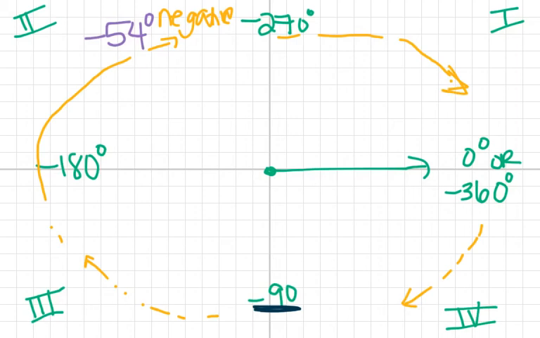In this case, our angle is going to start here and go this way. So our negative 90 shows up here rather than at the top, as it did for the positive direction. Since this is negative, what does negative 54 stand in between?